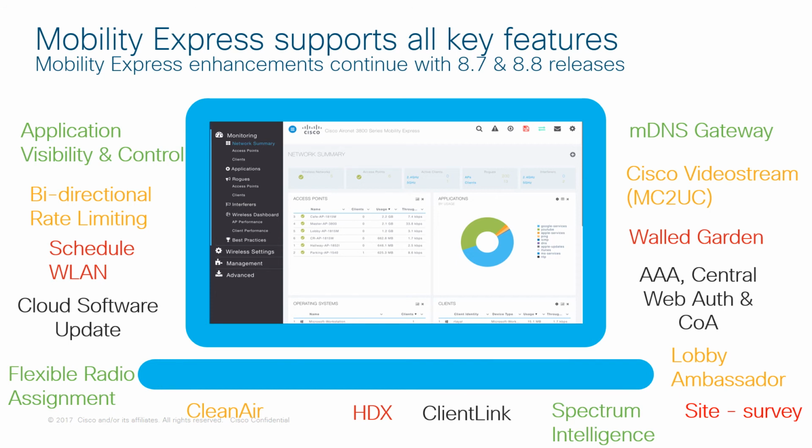With MDNS gateway support, teachers connected to a school's Wi-Fi can play content via AirPlay on Apple TVs that are on a different VLAN in the classroom. These and many more enhancements make Mobility Express a very viable option for any deployment, whether it is an SMB or a larger enterprise customer deploying at scale.